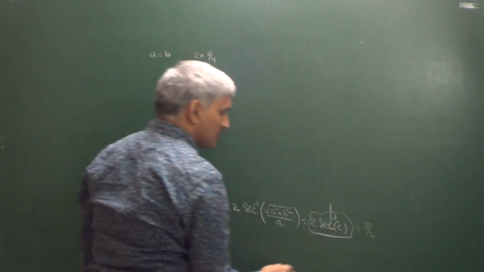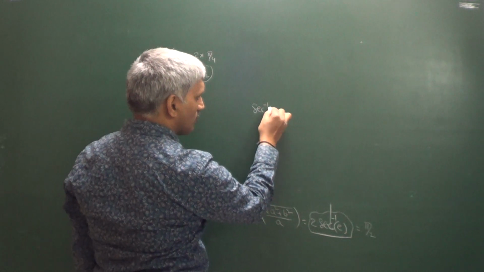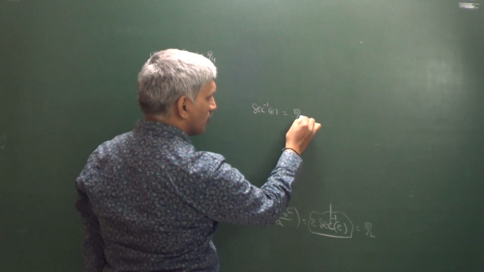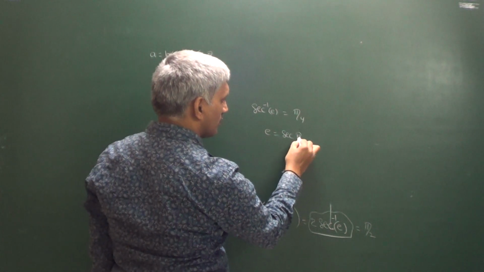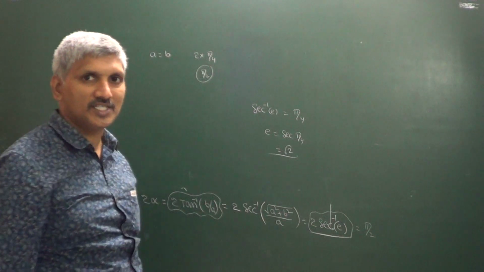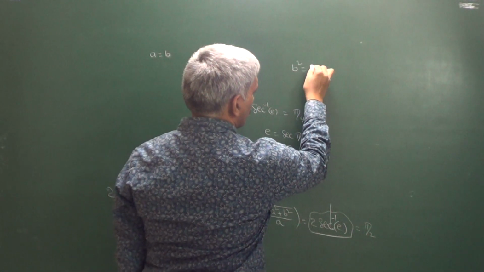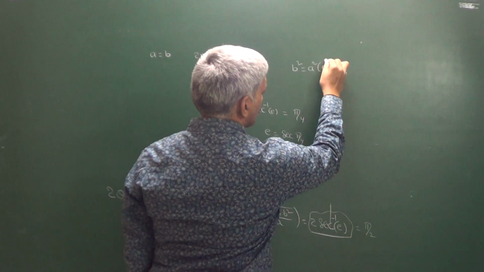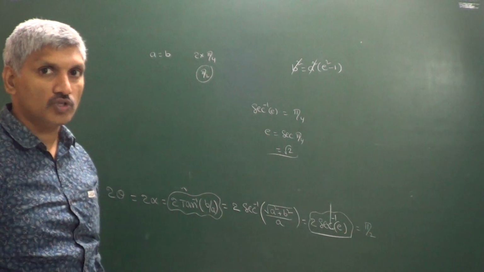But what happened? This one is 90 degrees, which means you will get 2 secant inverse e is equal to pi by 2, so secant inverse e is equal to pi by 4. Therefore, e is equal to secant pi by 4. That is the reason for a rectangular hyperbola, eccentricity is equal to root 2. Or otherwise, b square is equal to a square into e square minus 1, and we are saying a square and b square cancel because both are the same.